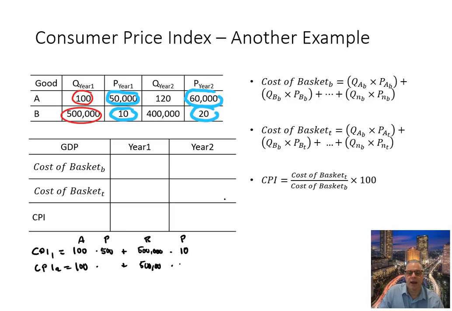But now, because for the CPI prices can change and we hold constant the quantities, so now we use the prices for year 2, and actually I made an error here, that should be 50,000 obviously, 50,010, and then it is 60,020. Okay, so now we can calculate the CPI.